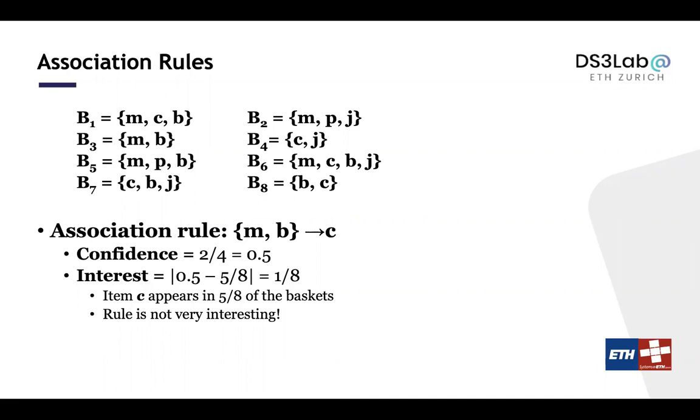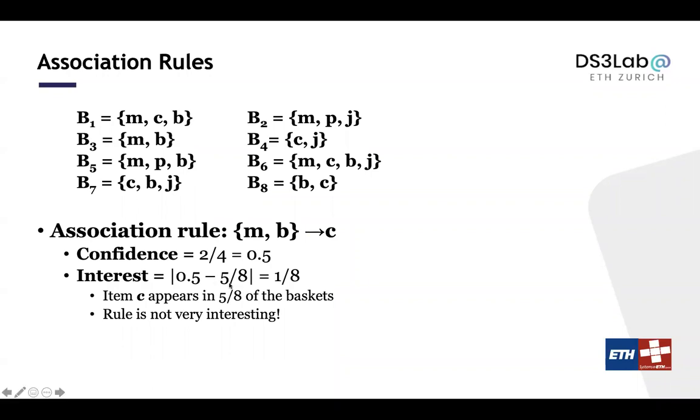Then we can compute the interest of this rule. It is the confidence minus the probability that C, the right-hand side, appears in your database. In this case, you first compute the support of C, which is B1, B7, B4, B6, and B8. So it's 5 over 8. That's the probability you are going to see C in your transaction.